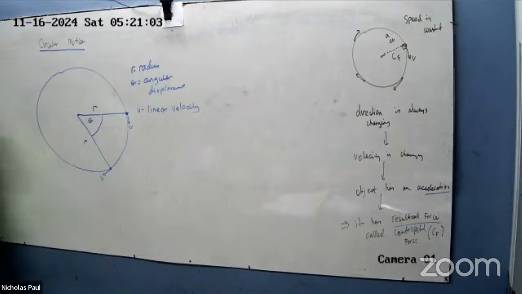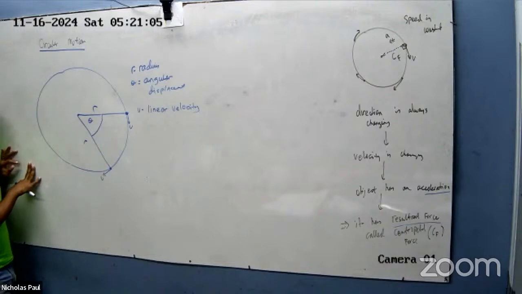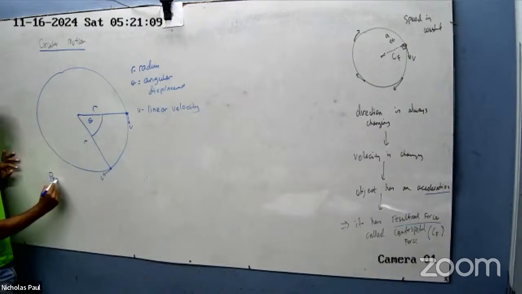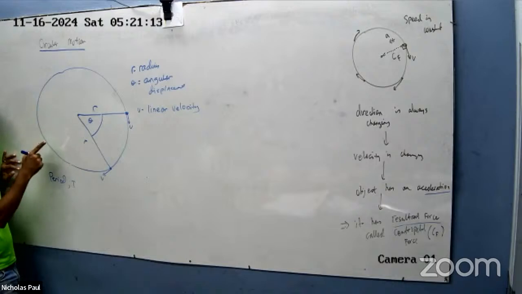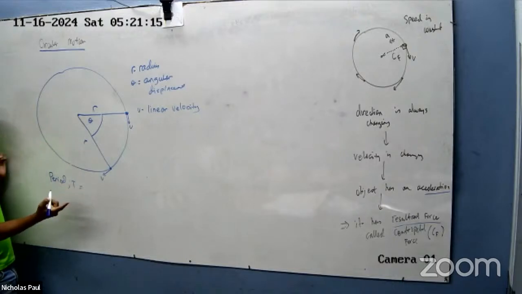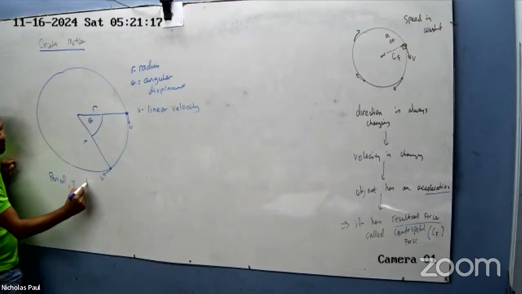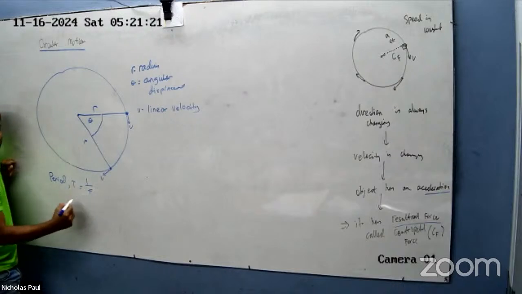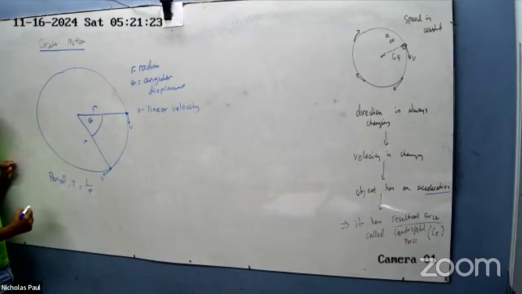Right, number one. So, we should know what a period is, right? Period is what? Period is T and it's the time for one whole cycle, right? So the time it takes for one cycle is T, and we also know that period is also equal to 1 over frequency. That's okay?